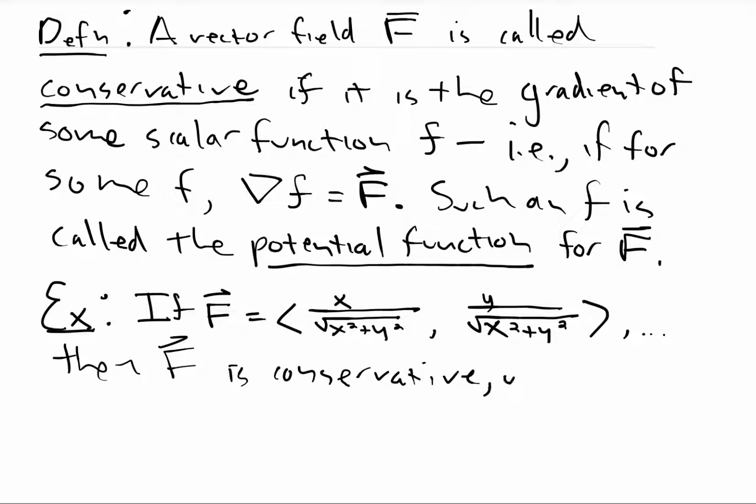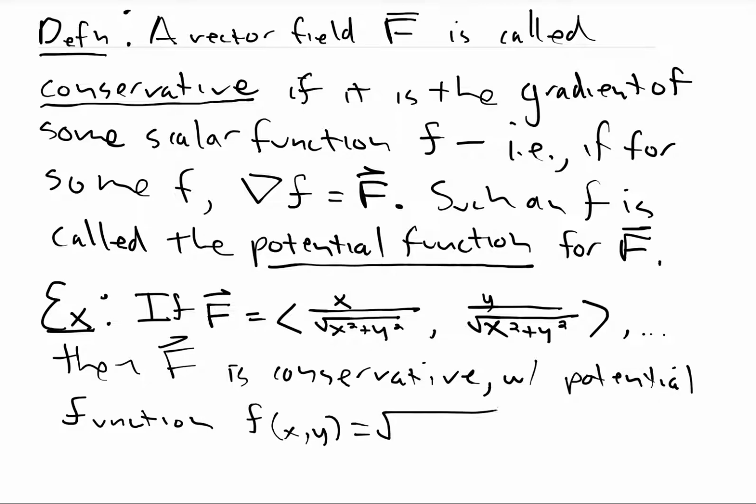Specifically, it has a potential function given by that cone surface we talked about. f of x, y was root x squared plus y squared. This is the function that you take a gradient of to get this vector field function back, right? Okay, so that guy's conservative. Other things that we can go ahead and do, here we know that that one's conservative. We've seen this example in and out for most of this lesson.